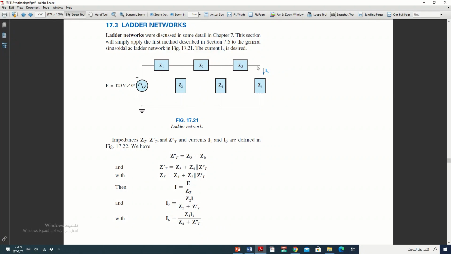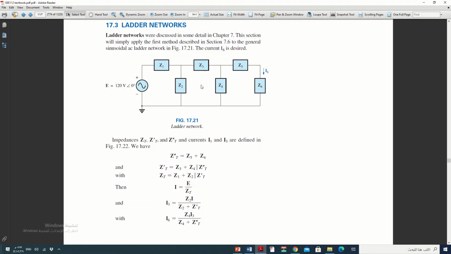If you need to find I6, which is I5, because I5 goes through Z5 and Z6 in series, you will say Z4 multiplied by I3, which is coming here from here and is considered the total coming current, and divide it between this branch and this branch.